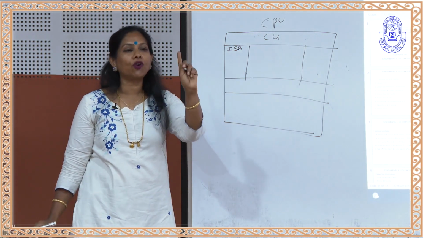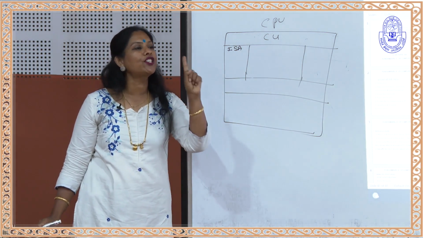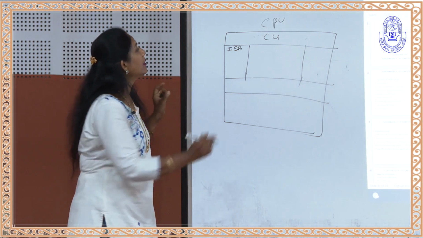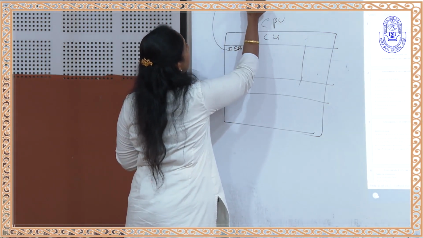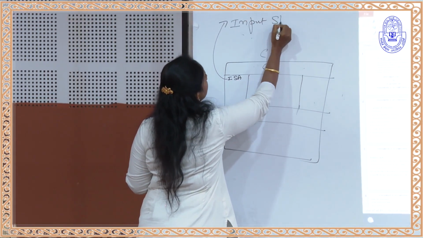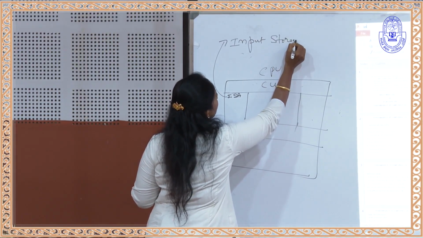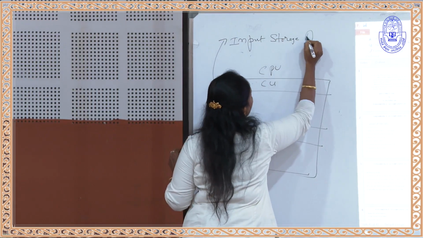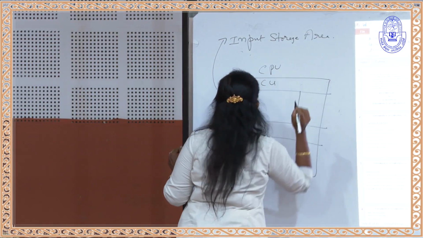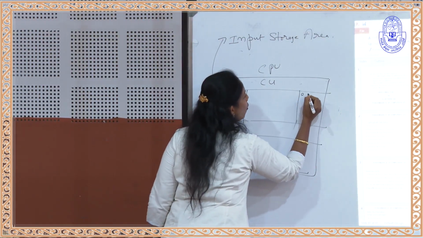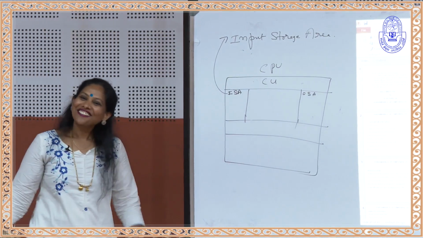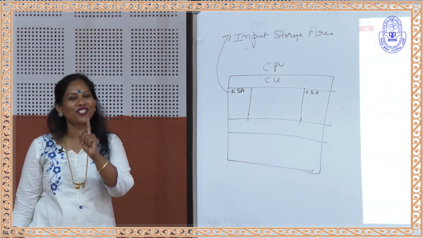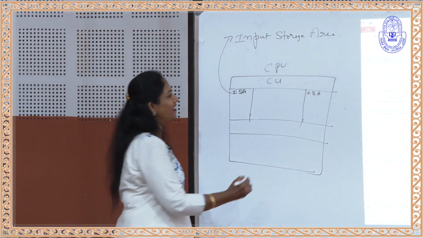You will forget what ISA is: input storage area. What is this OSA? Very good. Output storage area.